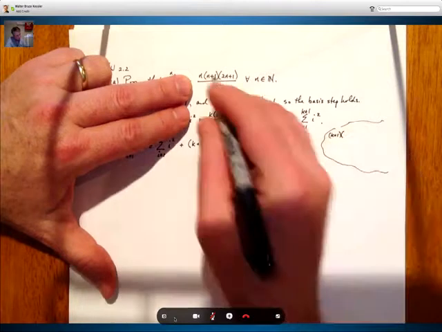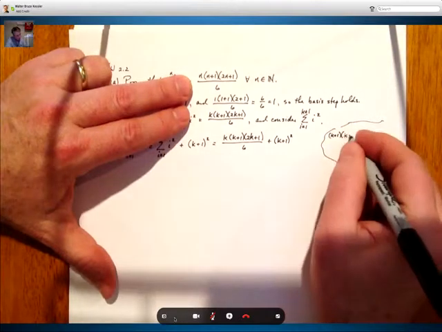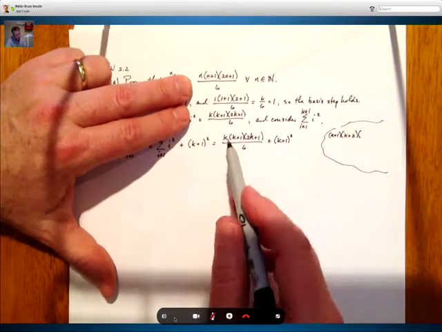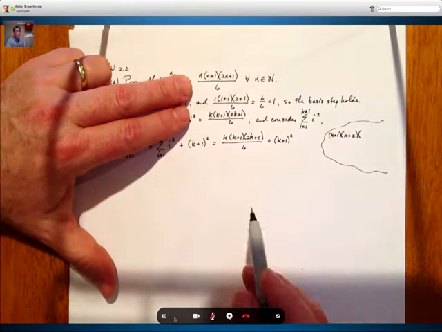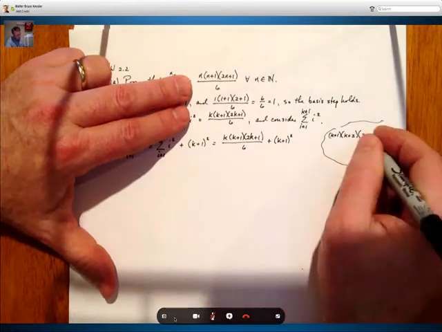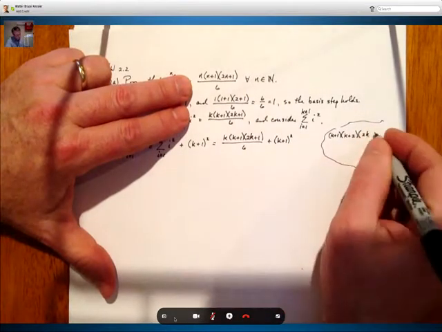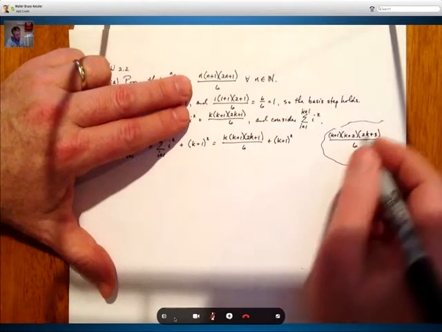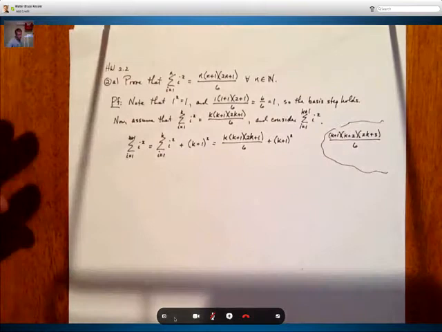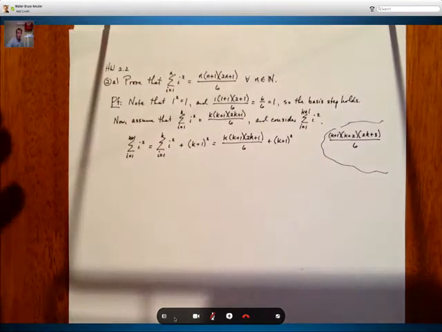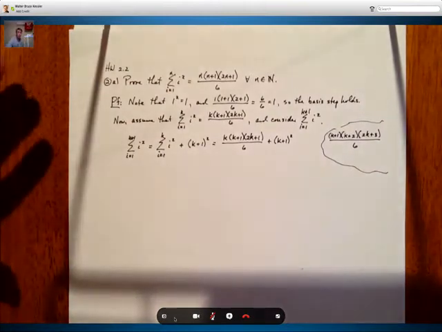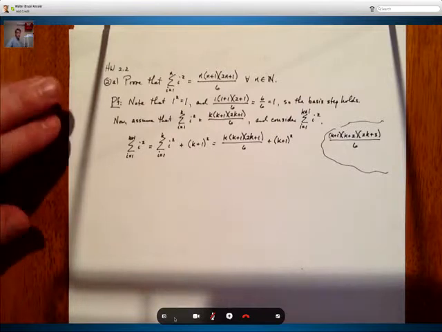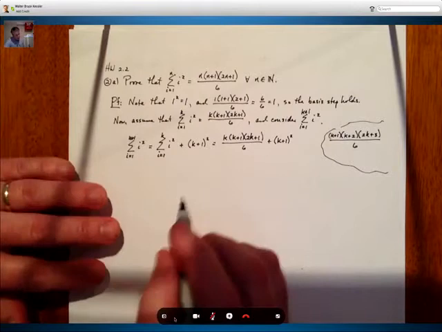So we'd have a k plus 1, and then a k plus 1 plus 1, that's k plus 2, and then 2 times k plus 1, so 2k plus 2 plus 1, so plus 3, and then the 6. So that's our goal, but we can't say it's equal to that. We have to show that it's equal to that.